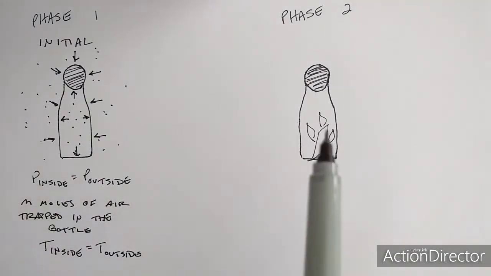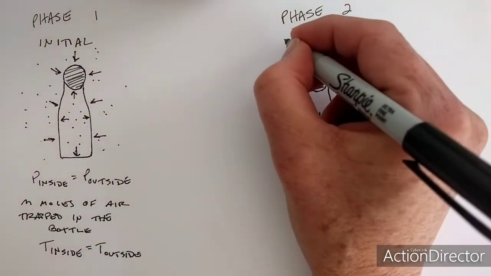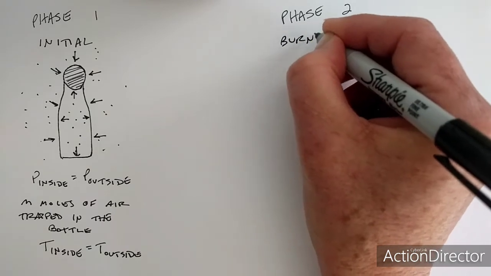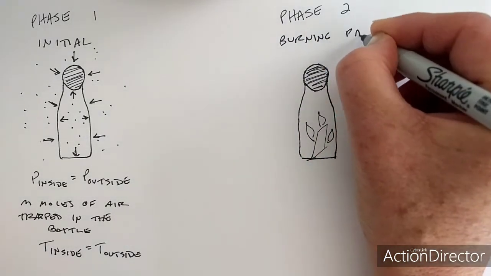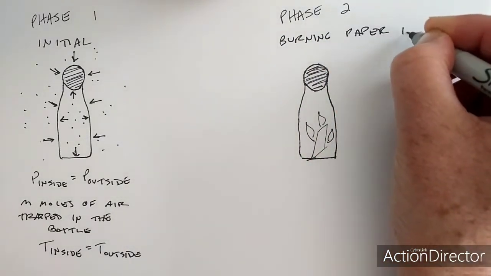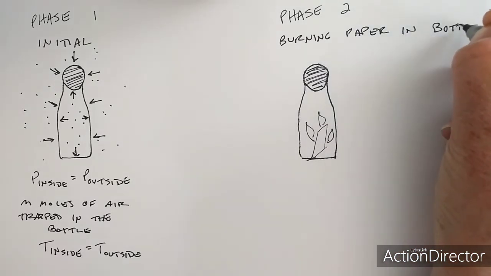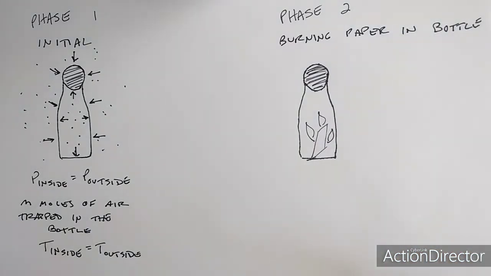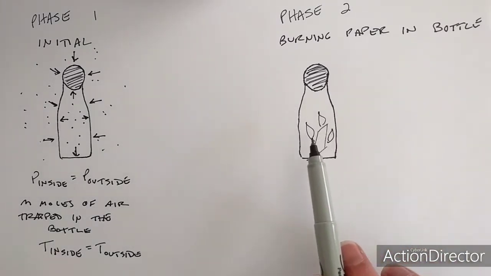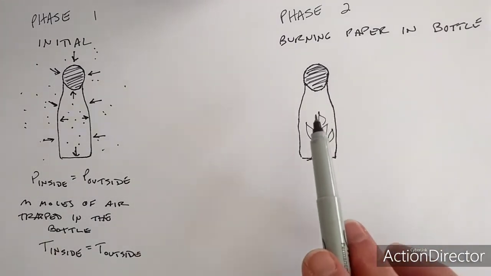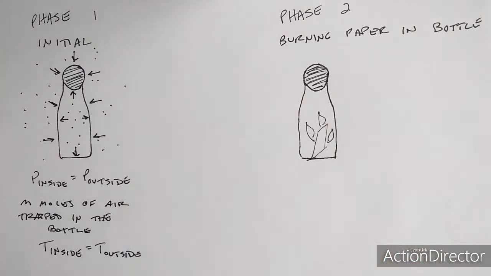All right, phase 2. Now we have a burning paper in the bottle. So what is that burning paper doing? The burning paper is heating up the air molecules in the bottle.